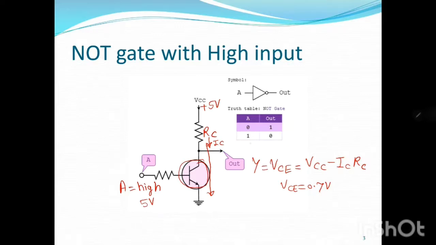Means when input is high, you are getting low at the output. When input is in a high state, the transistor is in saturation and therefore VCE is your output voltage and output is low.